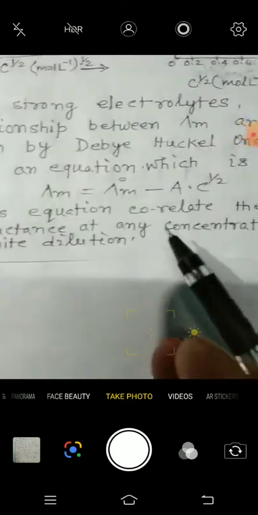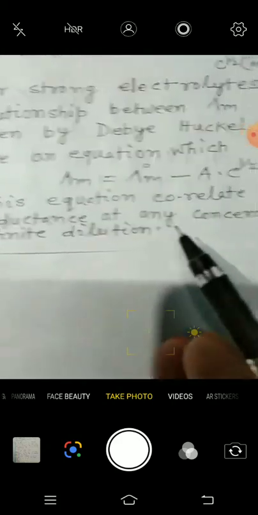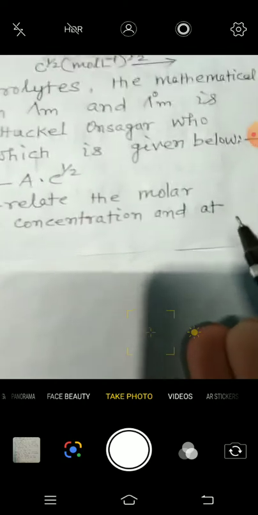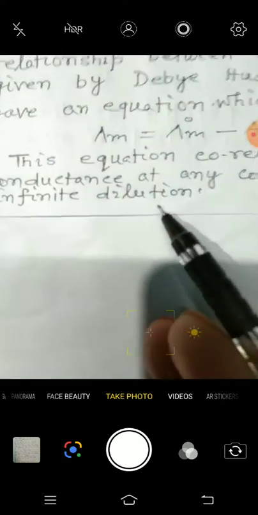This equation correlates the molar conductance at any concentration and at infinite dilution.